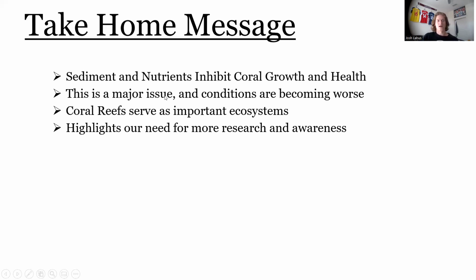And so finally, getting into my take-home message, the four most important things that I want everyone to take away from what I just talked about. So starting off, sediment and nutrients, obviously, these are going to inhibit coral growth and health. It's an important thing to understand, especially when it's something that you wouldn't necessarily think has an impact on corals.